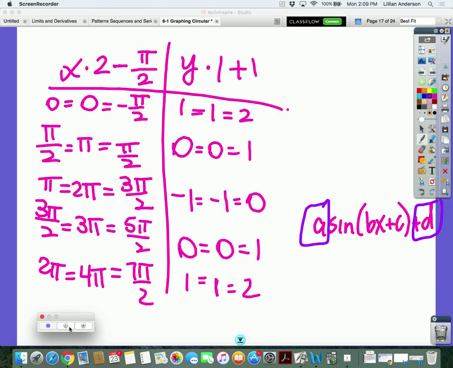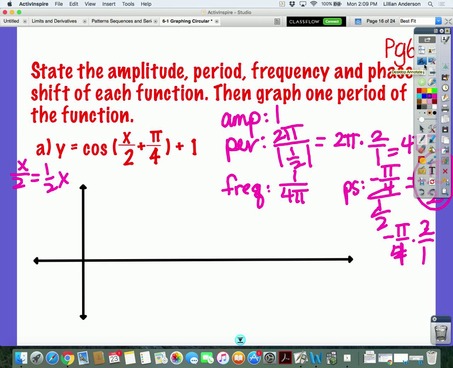So we're doing this one by hand. Let's see if I can remember everything. Negative pi over 2, 2, pi over 2, 1.